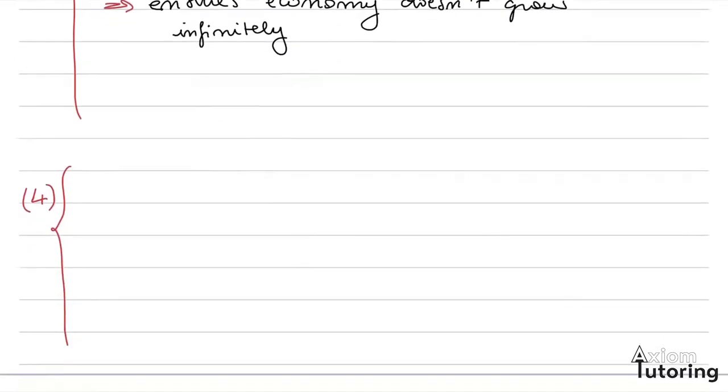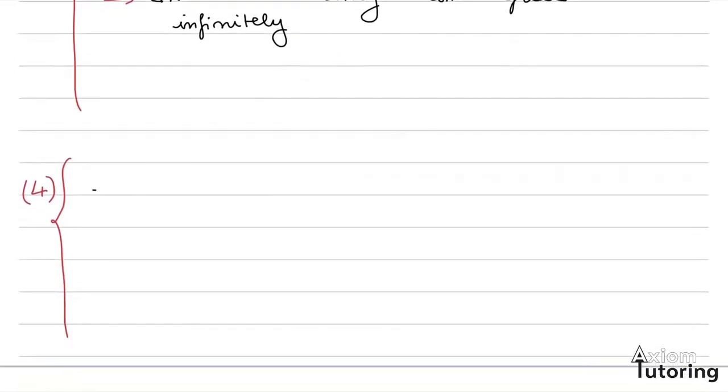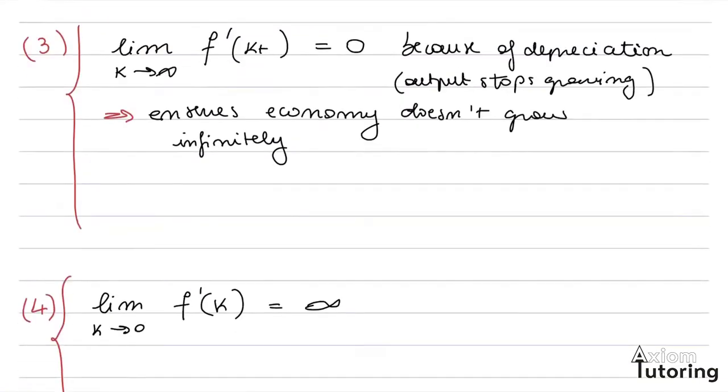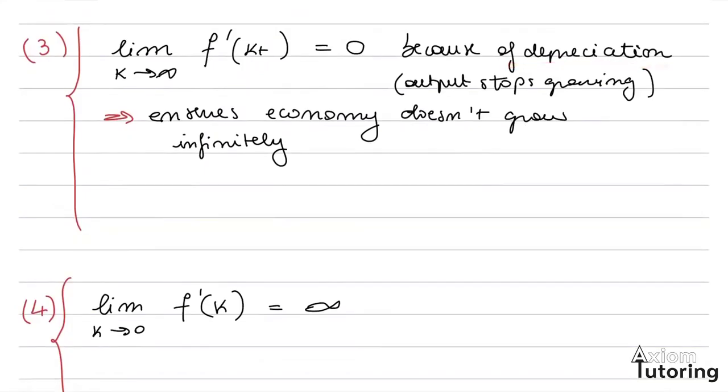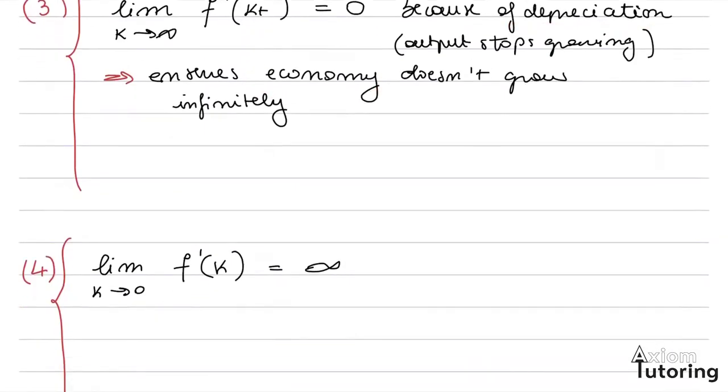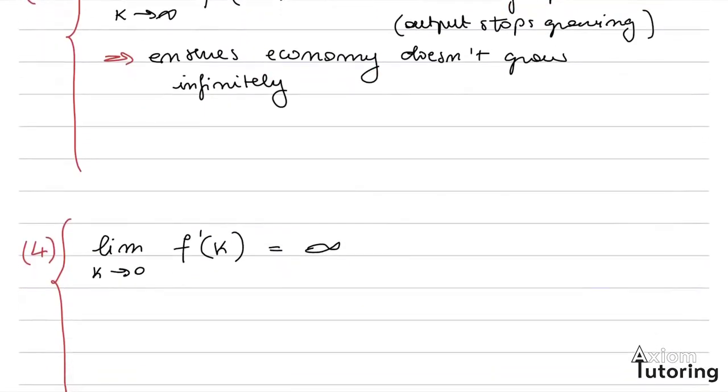The second condition that we need to keep in mind is that the limit as capital goes to 0 of the MPK is going to equal infinity. Why? Here we had depreciation playing a role, depreciating our capital and preventing our economy from growing infinitely. And here we have the condition that allows an economy starting with 0 capital, with a low level of capital, to still grow.